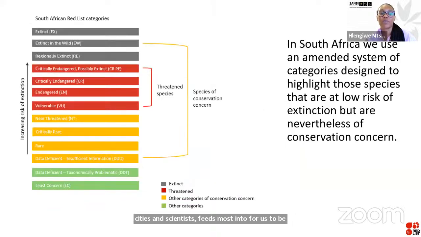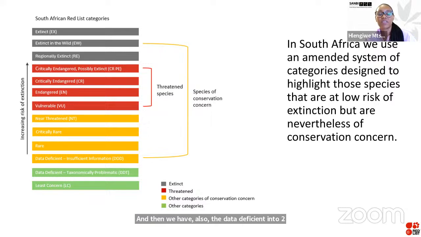So in South Africa, we have also amended the system categories to highlight species that are at low risk of extinction. Nevertheless, they are not of conservation concern, but they have a restricted range and are endemic to a particular area, and they fall under a rare category. And then we have also split data deficient into 2 categories.